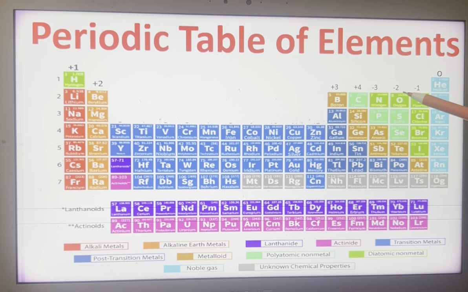Sixth group elements have valency 6 minus 8 because it is greater than 4. Oxide, sulfide, -2. Seventh group elements have 7 electrons in the outermost shell. Since 7 is greater than 4, the valency is 7 minus 8, which is -1. For zero group elements, the inert gases, they cannot form bonds, so their valency is considered as 0.